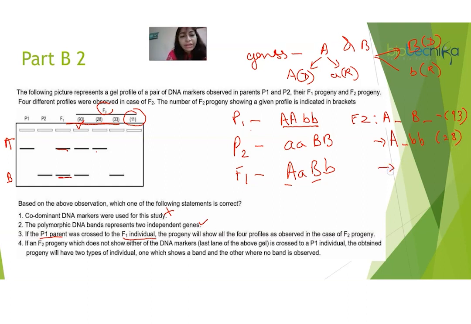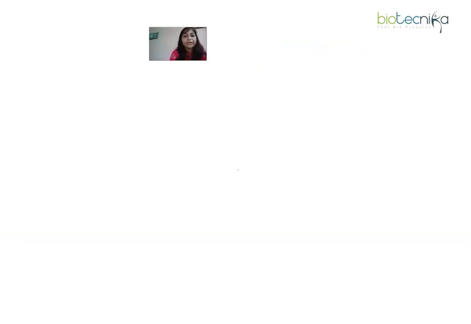The third variety has only the B band: small a, small a, capital B dash. This is 33. And the last variety has none of the bands, which means both genes are in the recessive state, homozygous recessive.